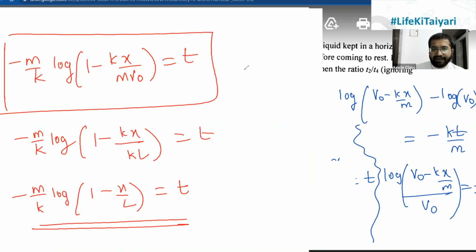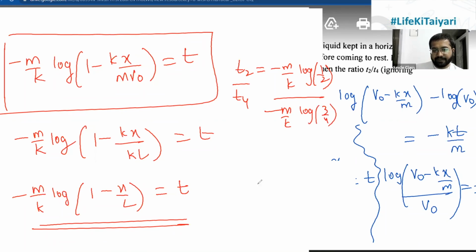Okay, so let's find t2. For t2 you substitute L by 2. So you have got minus m by k log of 1 minus half, that's log half. And t4 is minus m by k log of 1 minus 1 by 4, that's 3 by 4. Log half and log 3 by 4. What will the answer be? Check.